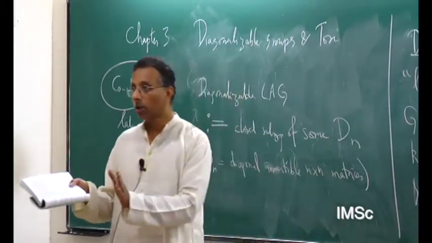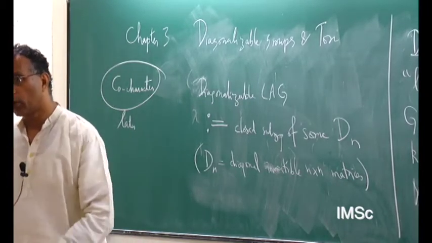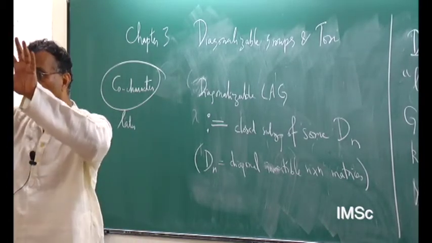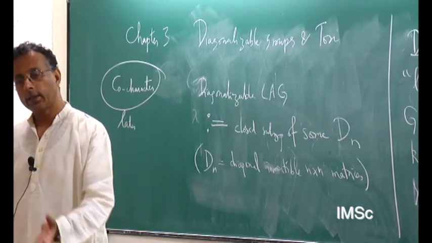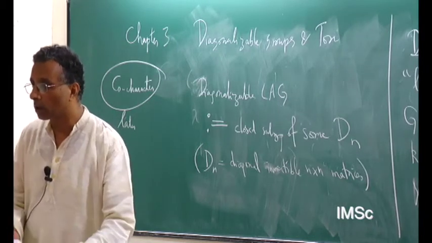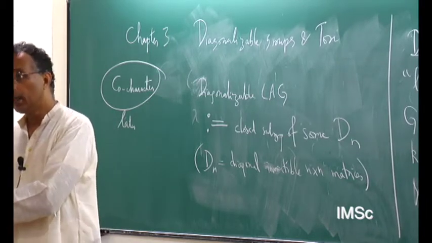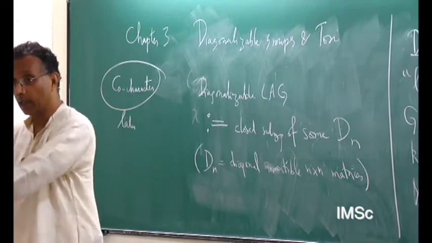Why? Because it is sitting inside GLn, and it is closed because it is just the condition that all the non-diagonal entries are 0. Right? So that's a closed condition. So it's Zariski closed clearly. So it's a Zariski closed subgroup of a linear algebraic group, in fact of GLn explicitly given.